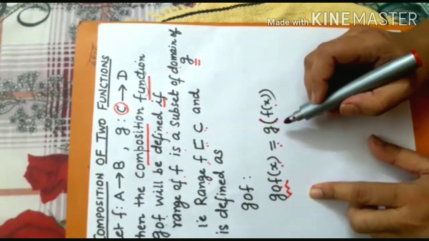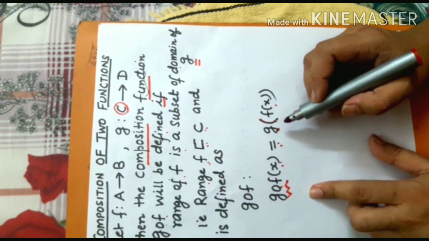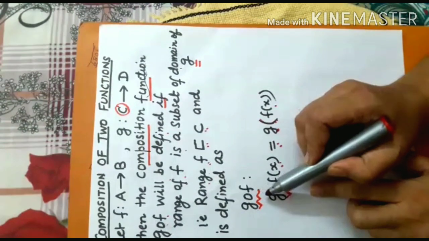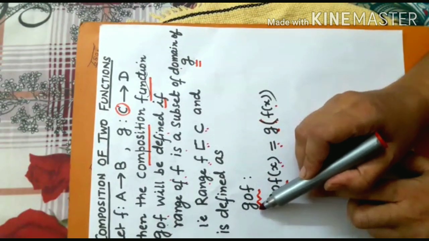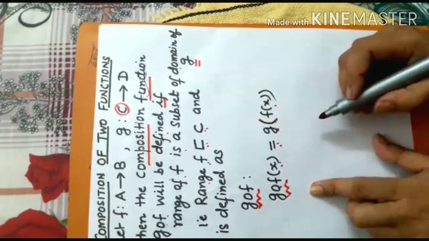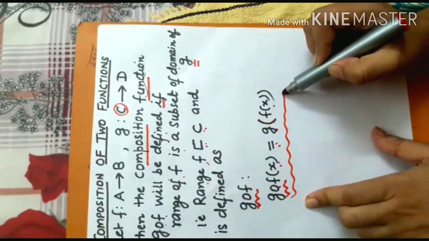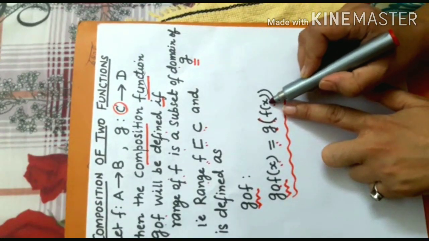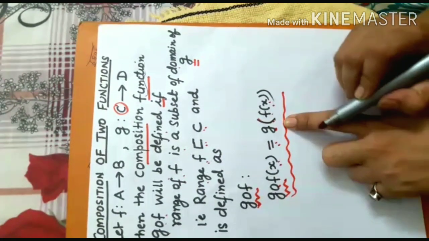Now when we define a function, then first we define its domain and the codomain. So we have to discuss what will be the domain and the codomain of this composition function gof. Let's see. Definition of the composition function is this. On this x, we are applying the function f first.